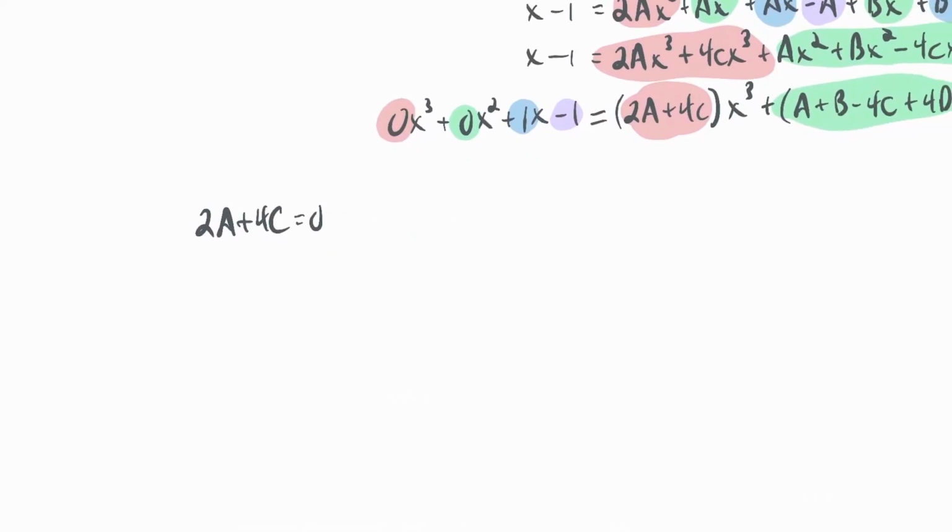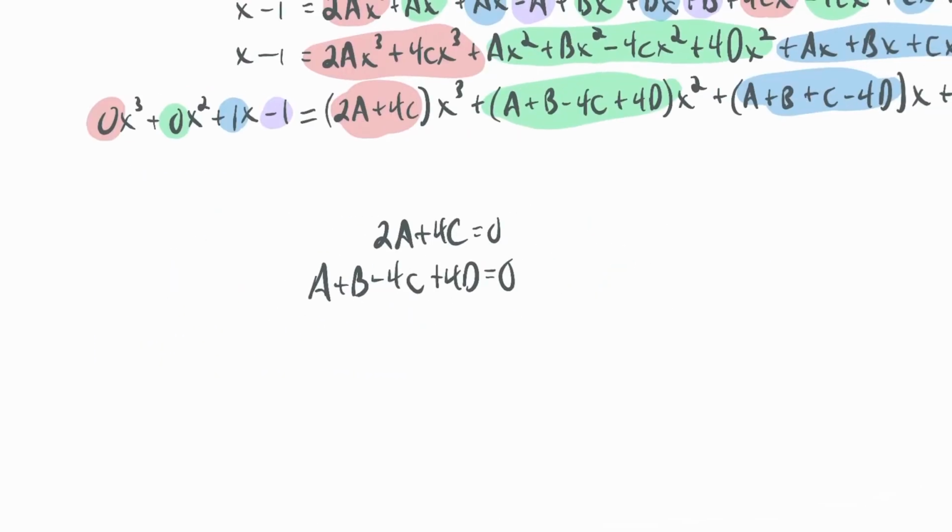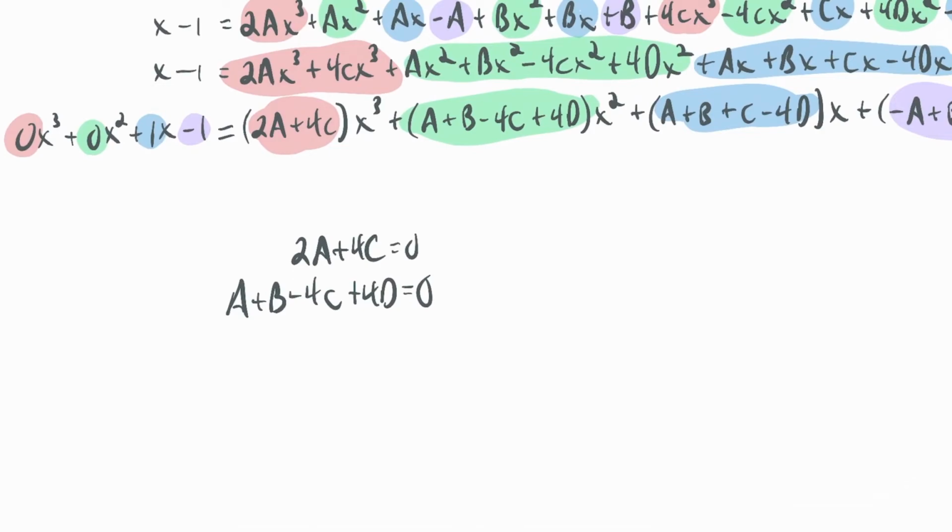So 2a plus 4c equals 0. A plus b minus 4c plus 4d equals 0. A plus b plus c minus 4d equals, oh, not 0, 1.